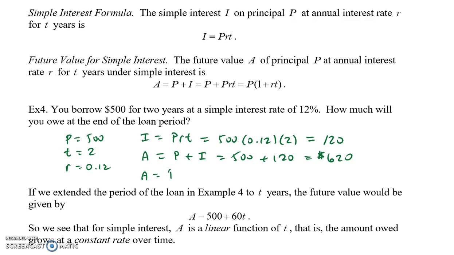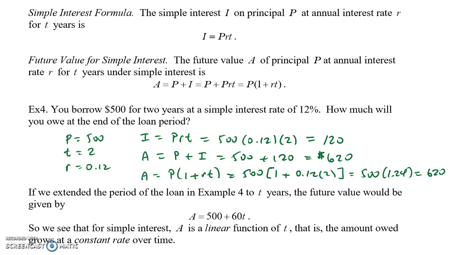Now, a second way that we could come up with this same result would be to use the formula A equals P times the quantity 1 plus RT, as we derived just above. So if we use this instead, again, P is 500, and then we would enter 1 plus R 0.12 times T, which is 2, and 0.12 times 2 is 0.24, so that would be 500 times 1.24, which again would be 620.